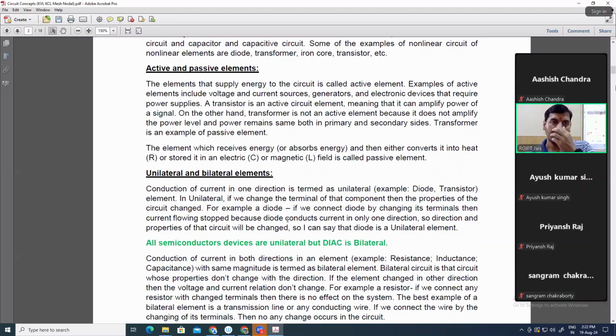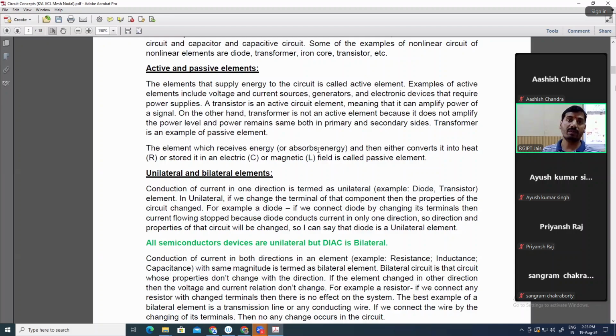Active and passive elements. I have already told you the difference between active and passive elements, and it is one of the basic categorizations of elements. Examples of passive elements are R, L, C: resistor, inductor, capacitor. Why are they called passive elements?